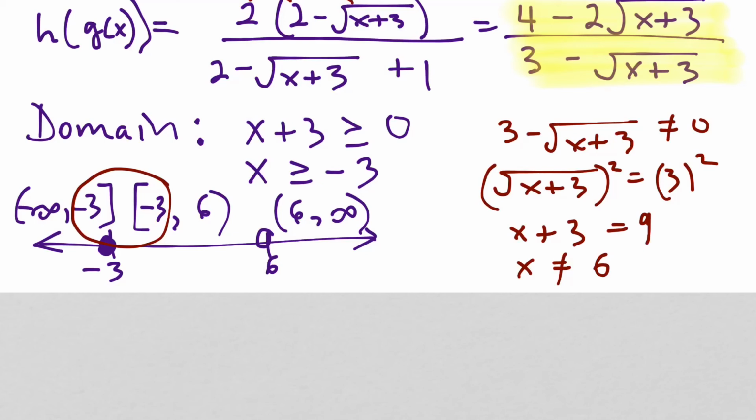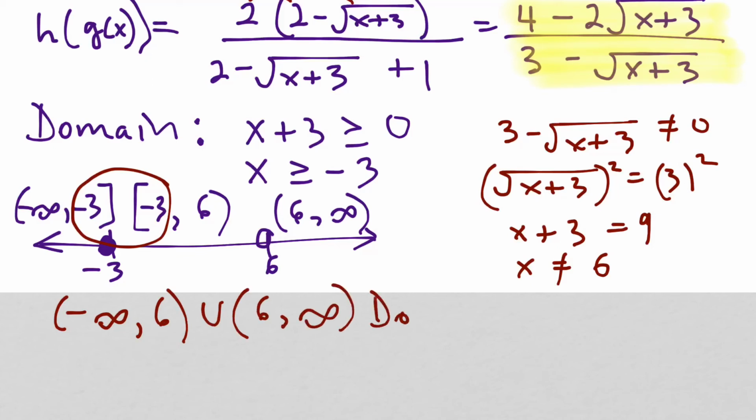It's an okay part of it. There's no restriction there. So I can say negative infinity to 6 in union with 6 to infinity would be my domain in interval notation. So that is my domain.